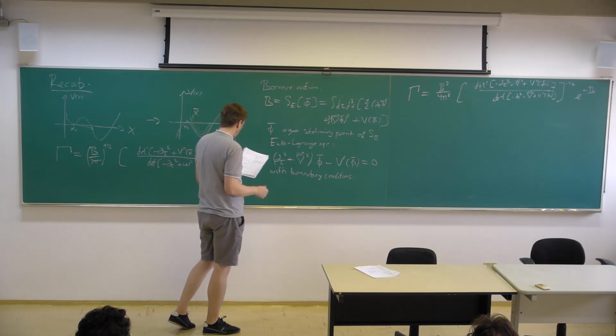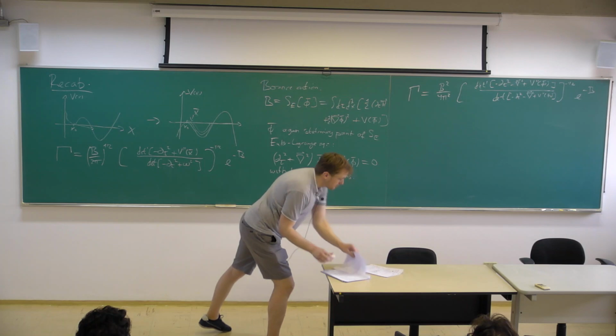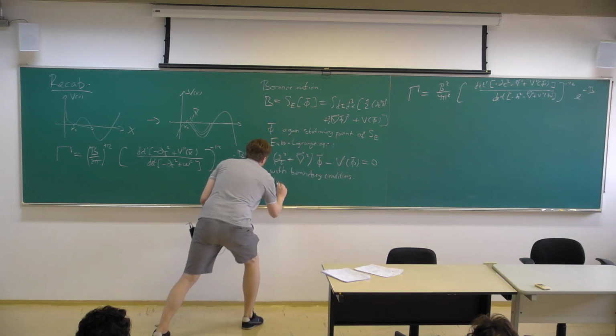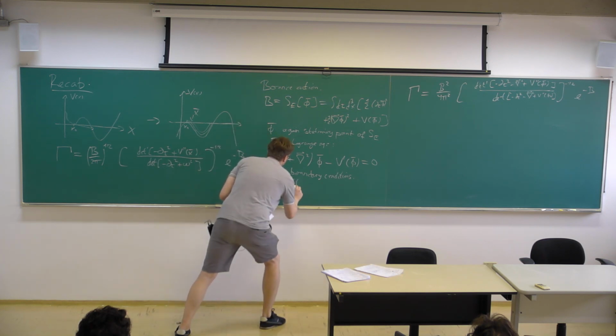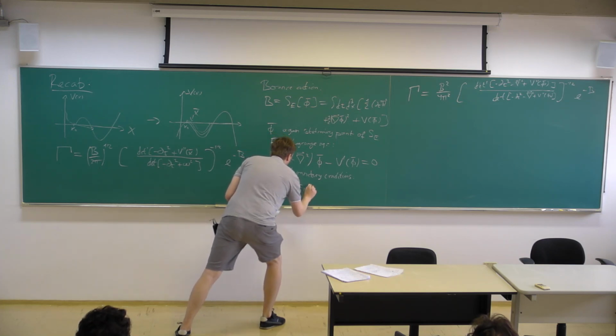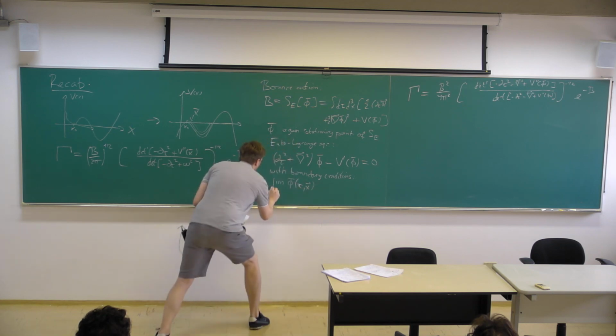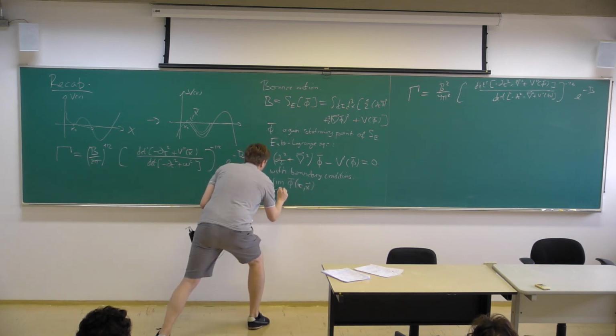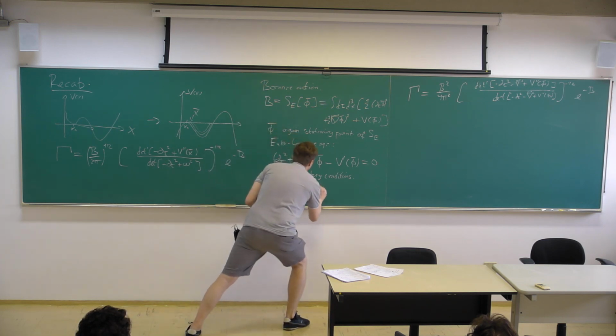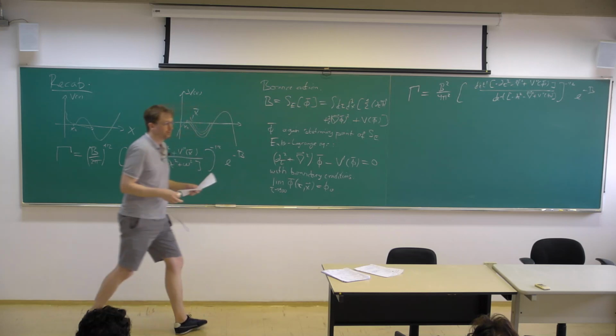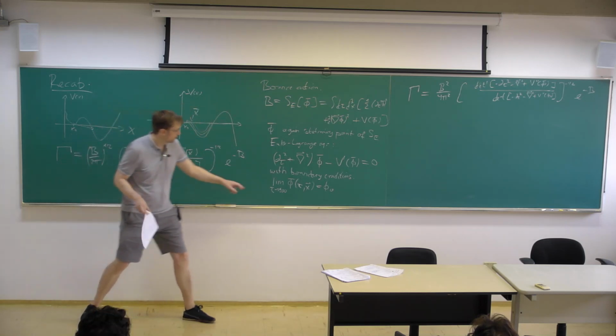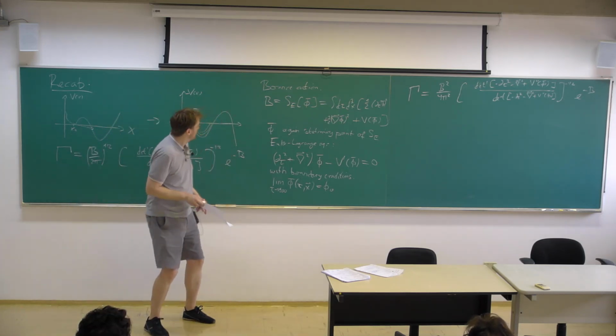So one condition is that the limit of this path, which is a function of tau and x, if I send tau to plus or minus infinity, I should get phi naught. So this corresponds to the boundary condition that we had before for the path.